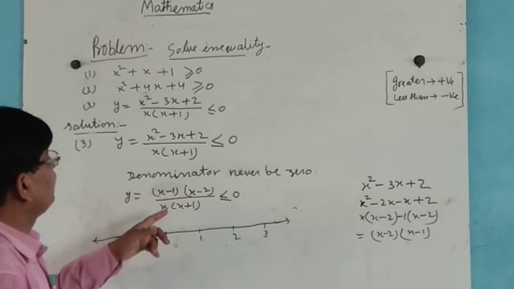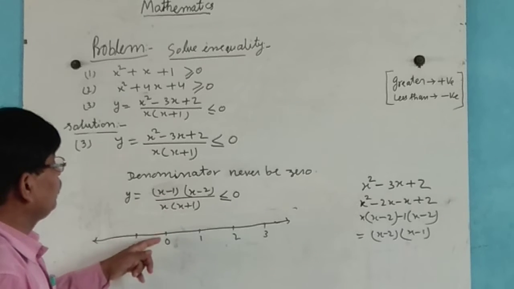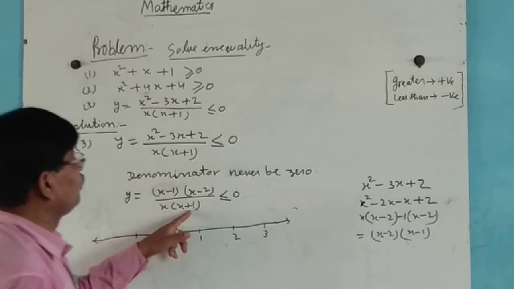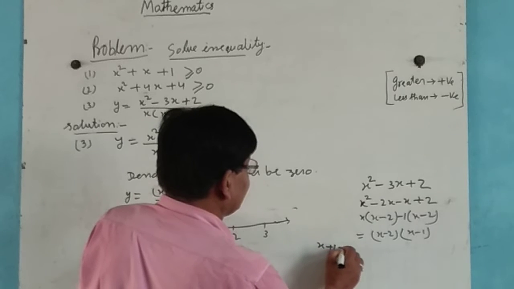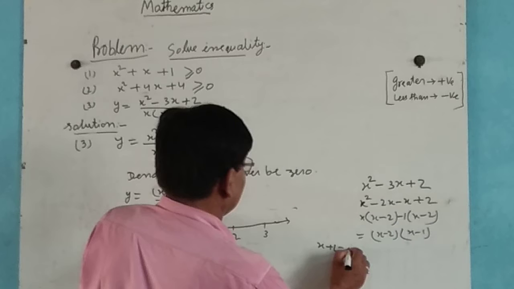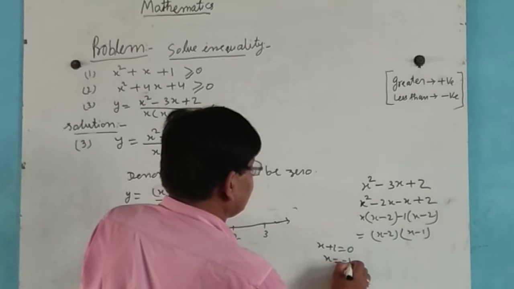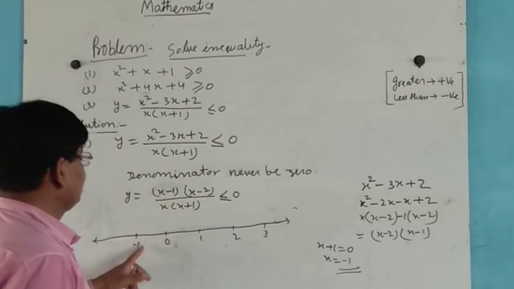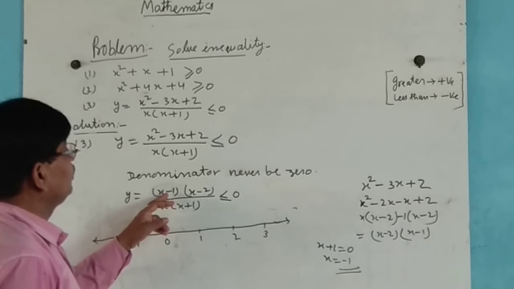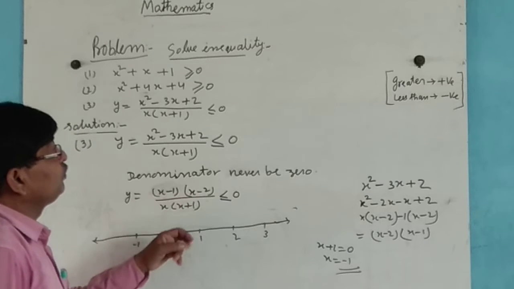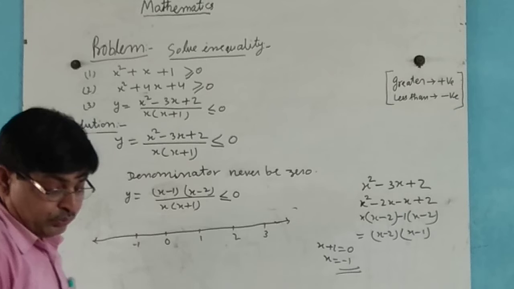If x plus 1 equals 0, then x equals minus 1. Here x minus 1 equal to 0 gives x equal to 1, and x minus 2 equal to 0 gives x equal to 2.